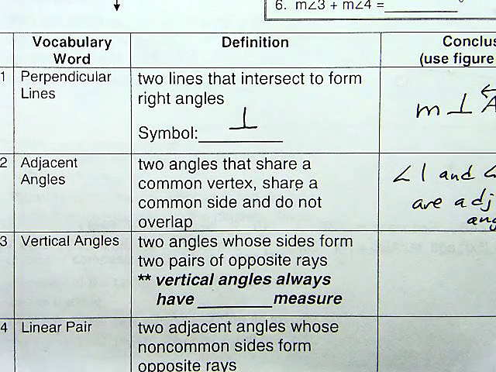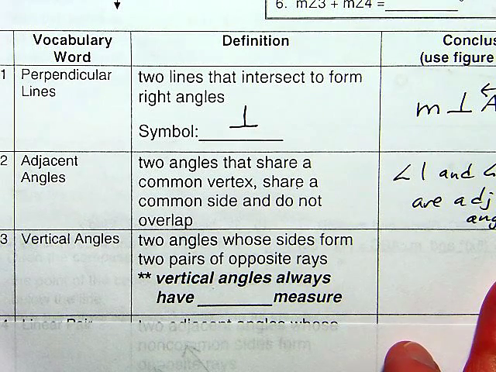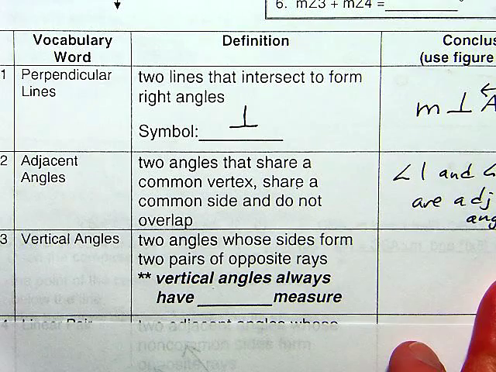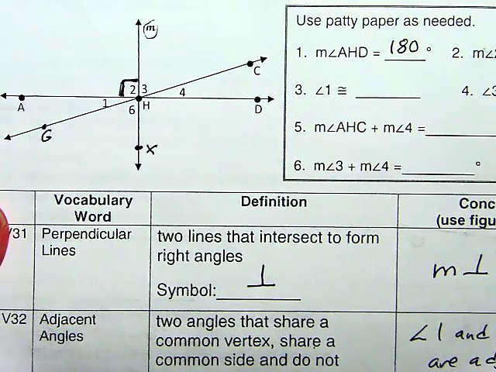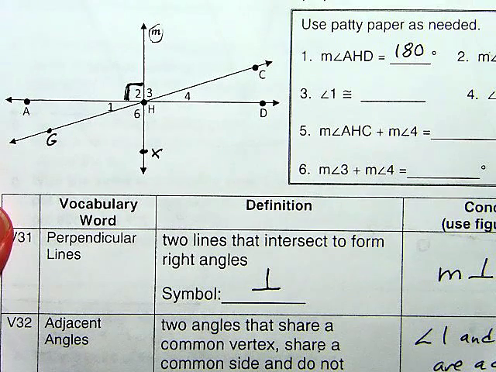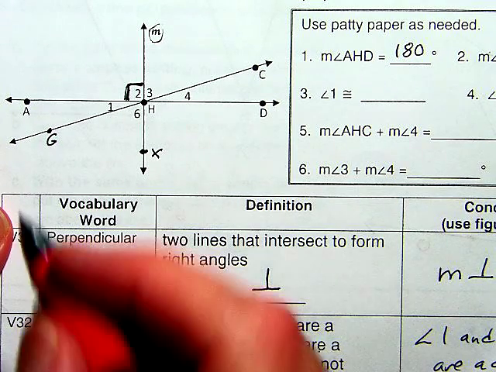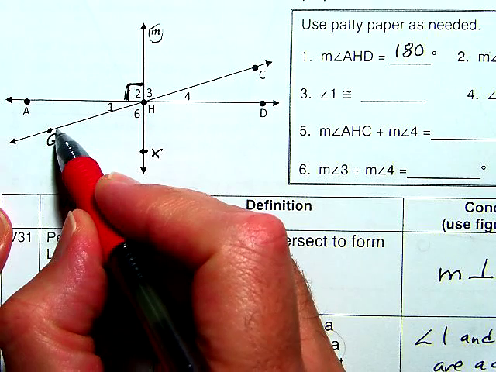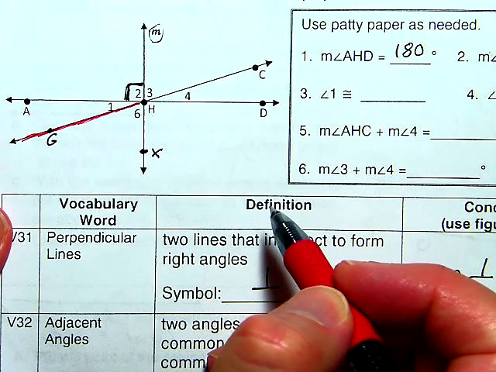Vertical angles. Vertical angles are two angles whose sides form two pairs of opposite rays. To make that a little clearer, let's go back up here and take a look at two angles whose sides form two pairs of opposite rays. Let's take a look at angle 1 and angle 4. Angle 1 and angle 4 are a pair of vertical angles. One of the sides of angle 1 is this ray, HG.